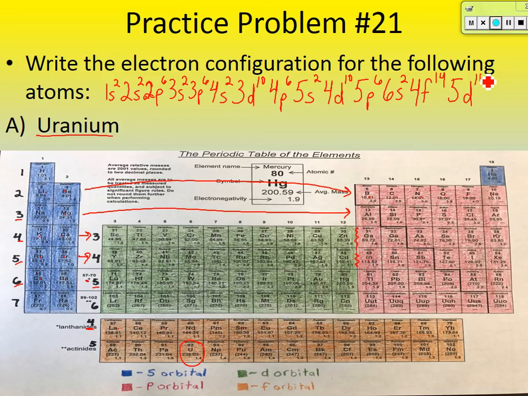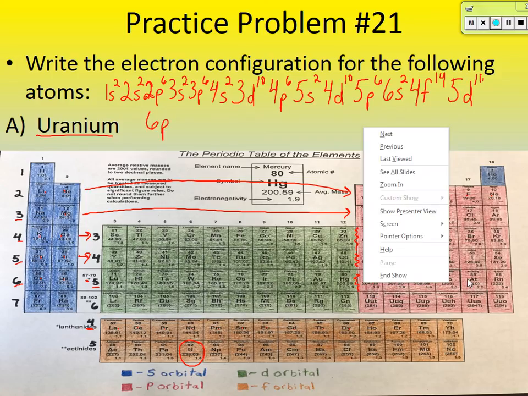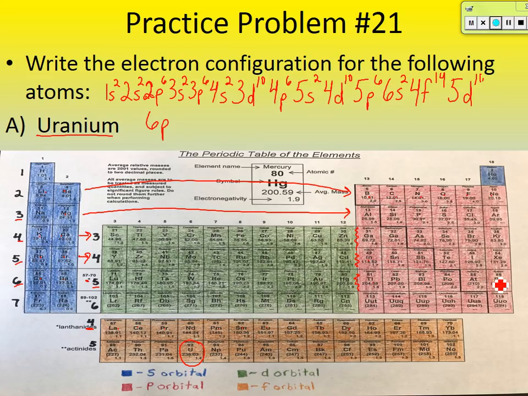Now we're at 5d10, so we're right here. We have to come back up to the 6th energy level. We're in the p orbital, and if you count across, 6 electrons fit there. Now we're done with that 6th row.